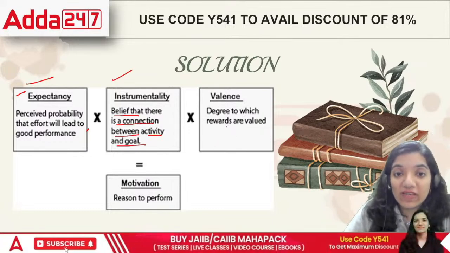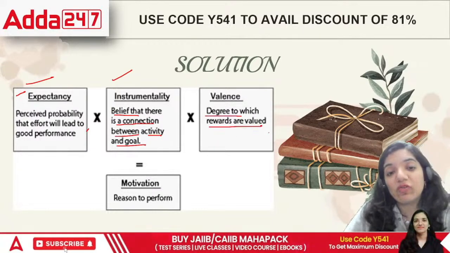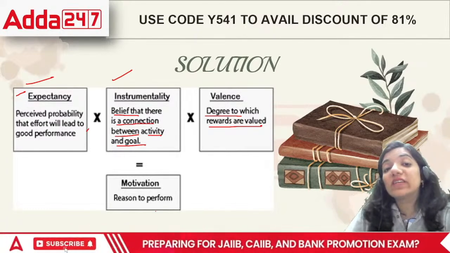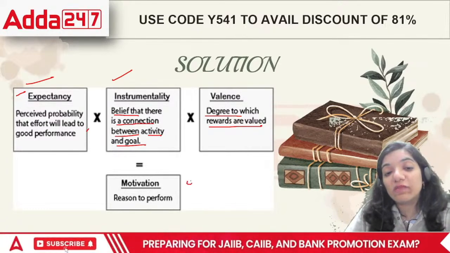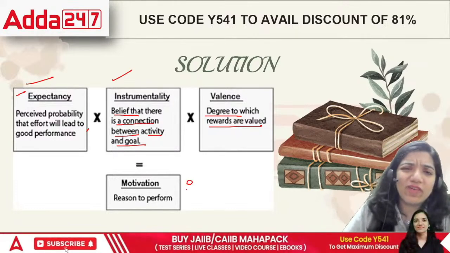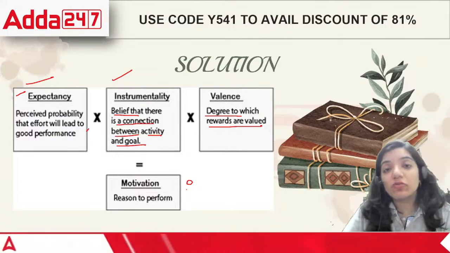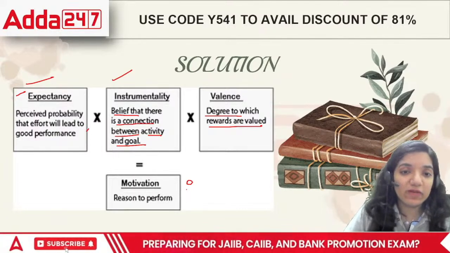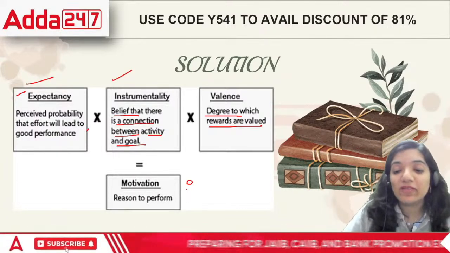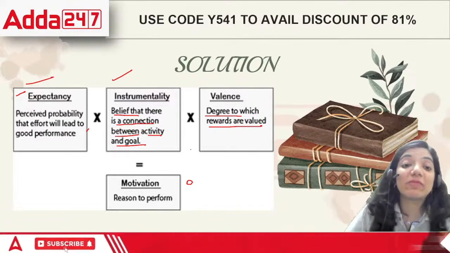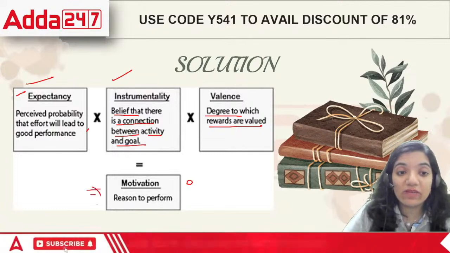And valence is the degree to which the rewards are valued. And of these three things, if any becomes zero, the entire motivation becomes zero. If we do not get a reward, why am I doing it? If I'm not near the goal, then why am I doing it? If I don't even expect that I'll get something out of it, why am I doing it again? That is the point. So expectancy multiplied by instrumentality multiplied by valence will give us the motivation.